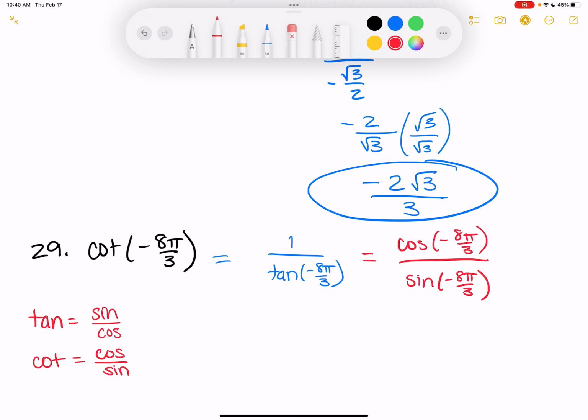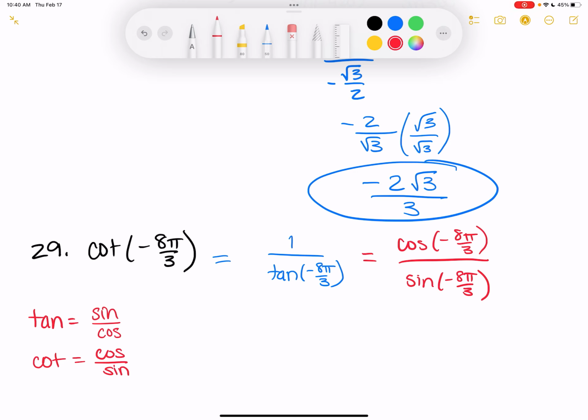Both ways will give you the same answer. With some things, you may prefer one over the other. Sometimes this allows things to cancel easier, so it's less math that you have to do, but I don't care which way we do it. I'm just showing you two different ways that you could get the answer.